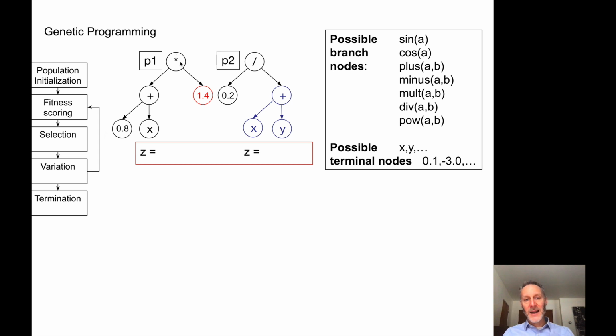We have to go back up to the root of the tree. Multiplication, we filled in this left-hand branch. We still need to randomly set the second argument for this multiplication. So we shake up our bag again, reach in and pull out, in this case, a random value, which is 1.4. And we have now created an equation.